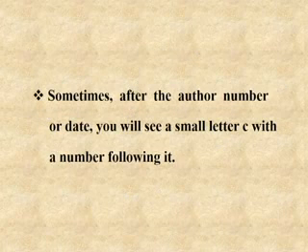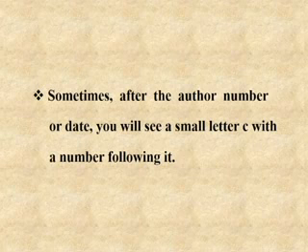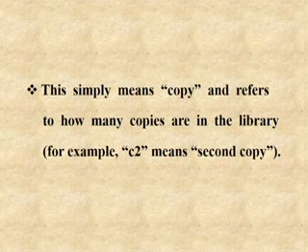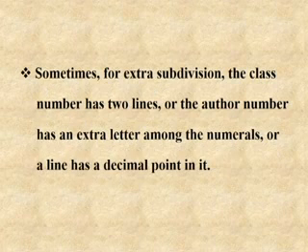B. Sometimes, after the author number or date, you will see a small letter C with a number following it. This simply means copy and refers to how many copies are in the library. For example, C2 means second copy. C.